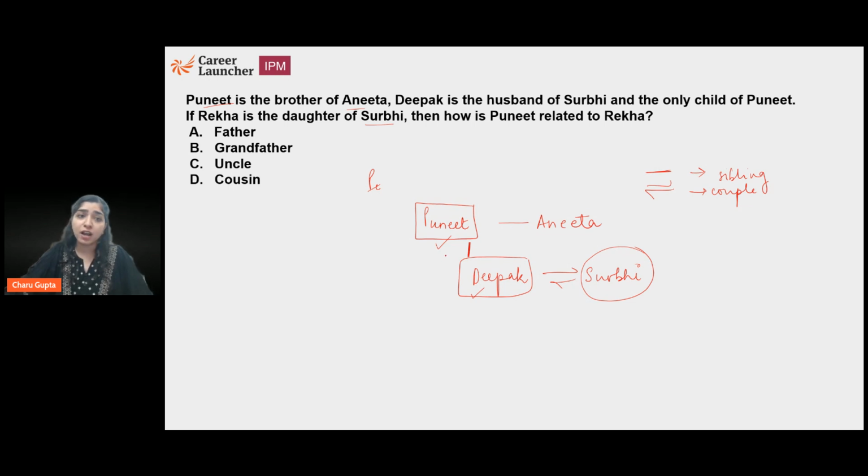Now, we are given that Rekha is the daughter of Surbhi, then how is Puneet related to Rekha? We need to find out the relation between these two people. Very clear. Grandfather. Puneet is grandfather of Rekha.